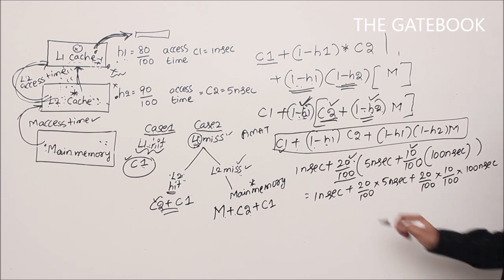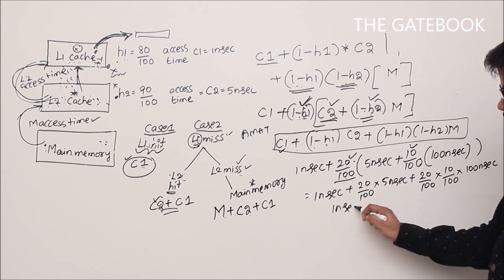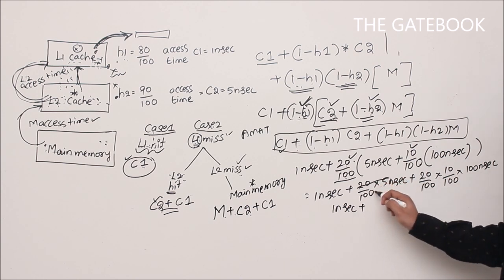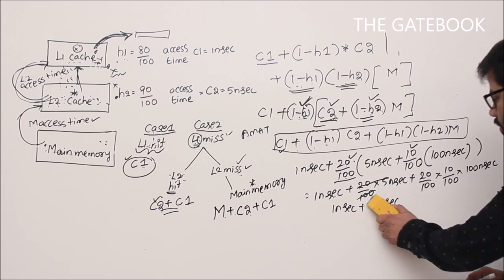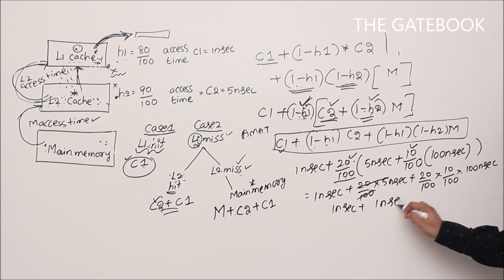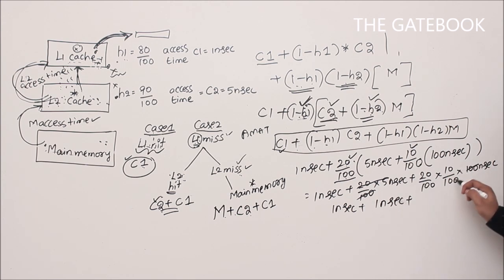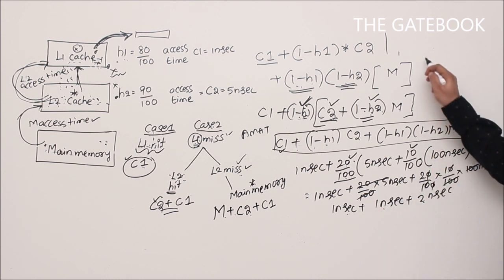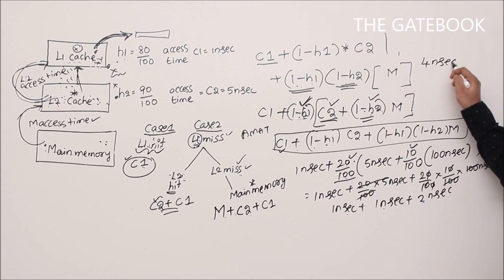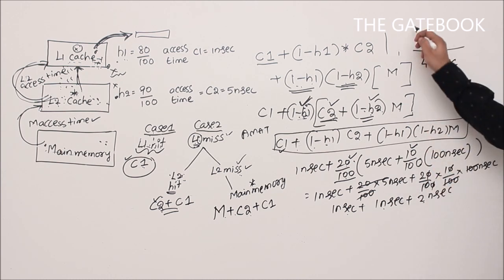That is the formula. 1 nanosecond, plus 20 by 100 into 5, the 100 gets cancelled, so it will be 1 nanosecond here, plus the zeros will be cancelled and you get 2 nanosecond, right? So 2 plus 1, 3, 3 plus 1, 4 nanosecond, whereas in that example it was 21 nanosecond.